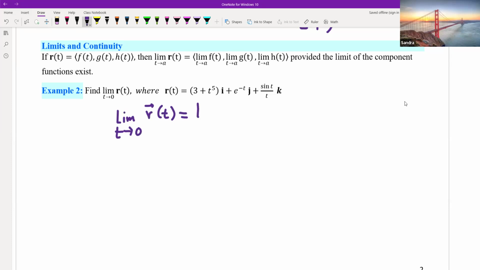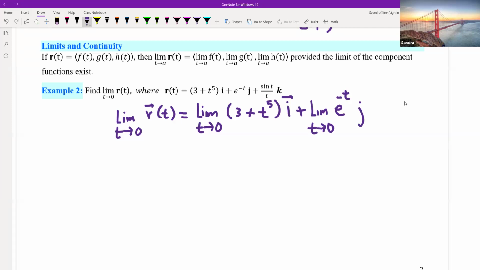This will be equal to the limit as t goes to 0 for the first component, 3 plus t to the 5th power, i, plus the limit as t goes to 0 of e to the negative t, j, plus the limit as t goes to 0 for sine t over t with the k component.